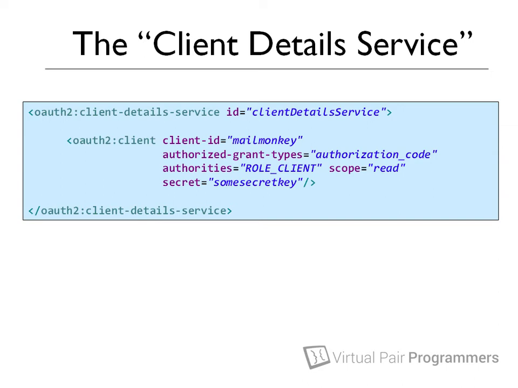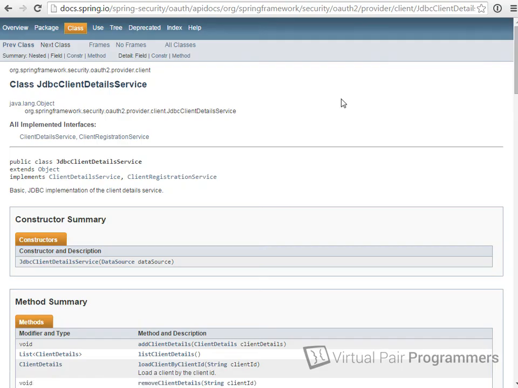So what we're doing here is hard coding the client into the configuration. We're using an in-memory client details service, and that's all happening for free via this OAuth2 client tag. However, exactly as in standard Spring Security, it is fine to plug in an implementation of the JDBC client details service, which is going to work with a database table, of course.